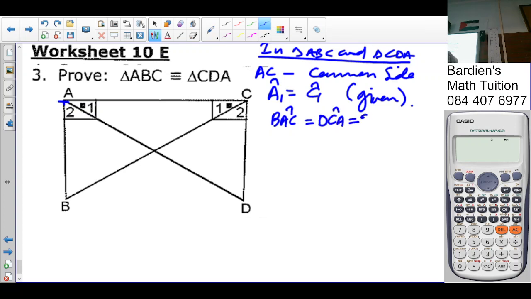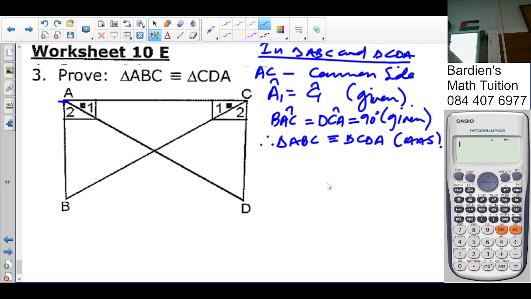Why? Which is equal to 90. Why? Given. This is enough to conclude congruency, not so? So therefore triangle ABC is congruent to triangle CDA. In what case of congruency is this? Angle, angle, side. Okay.